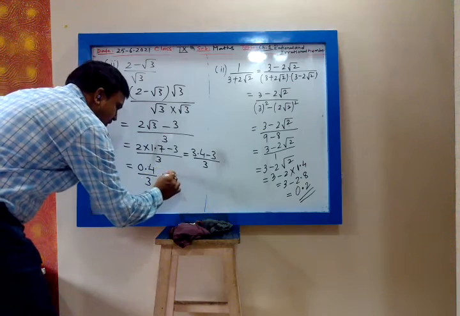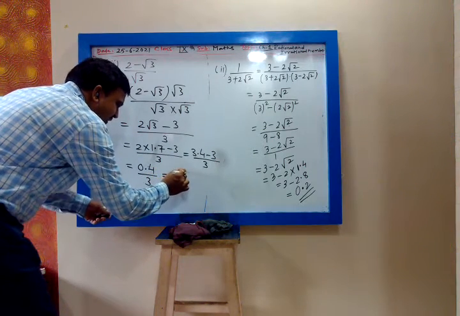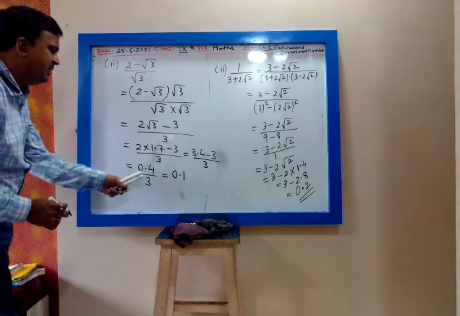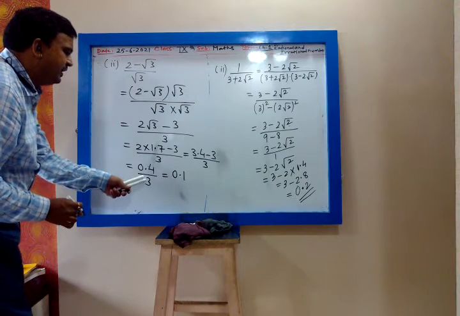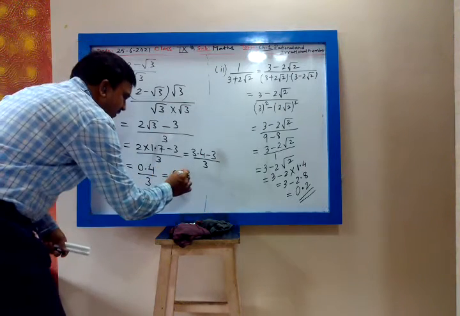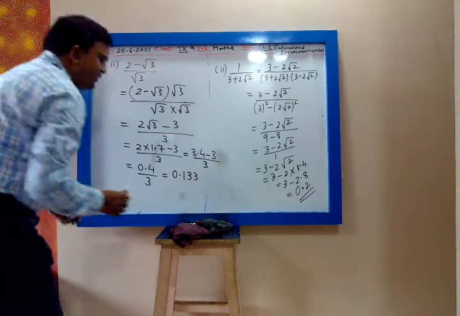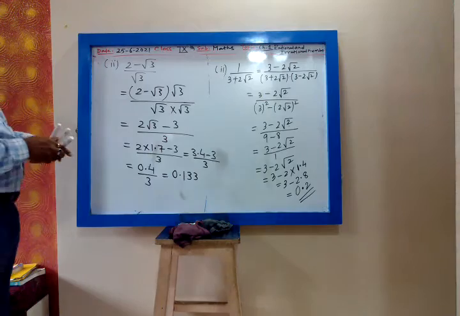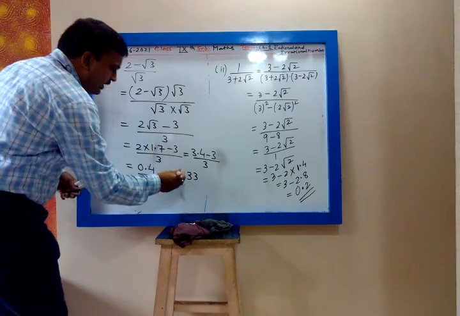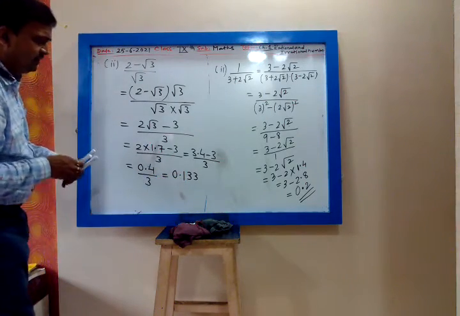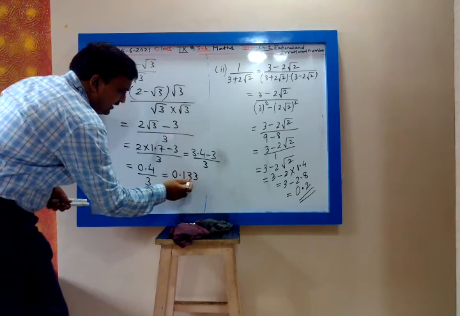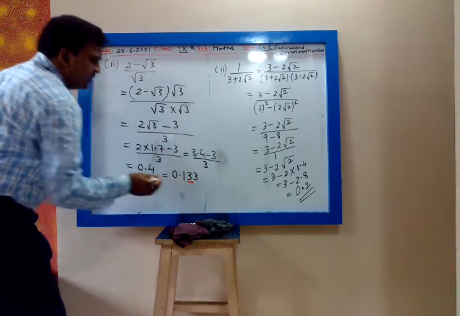So this is 0.3. 3 ones are 3, 4 minus 3 is 1, 10 again. 3 3s are 9, again 10, 3 3s are 9. Now you want your answer correct to one decimal, so you see the second digit. The second digit is 3.